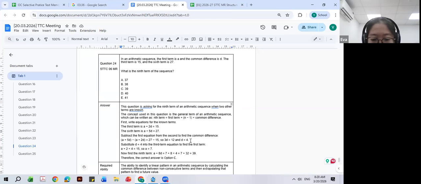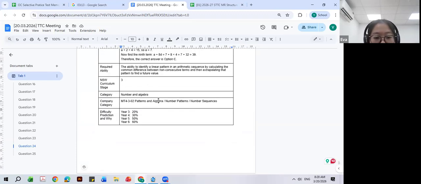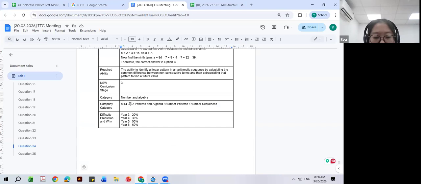So we find d equals 4, and we substitute d into the third term to find the first term. So we find a equals 7, and we apply this rule for the ninth term and we have the ninth term is 39. Common category MT3 02 pattern algebra number pattern number sequence.